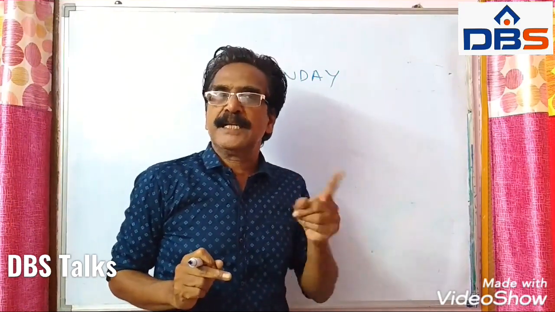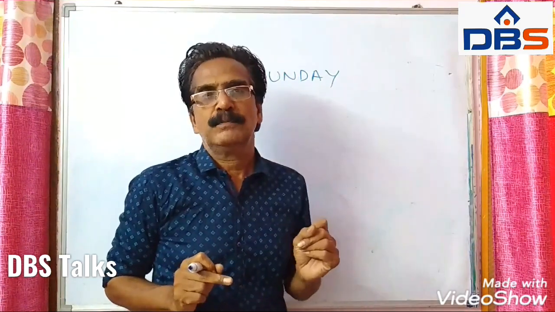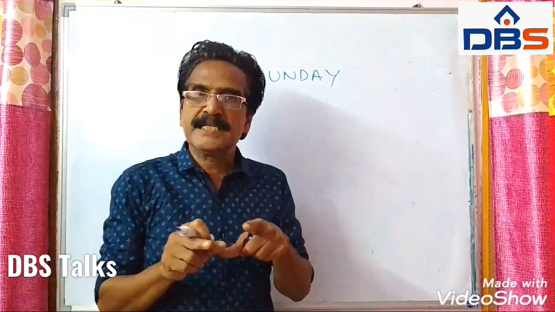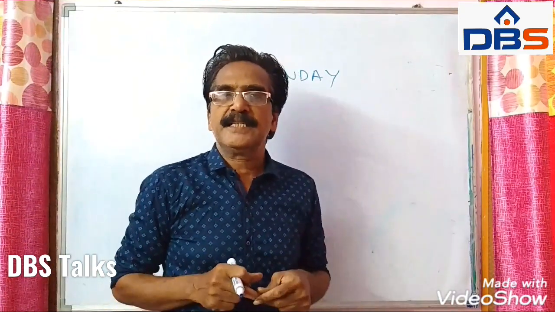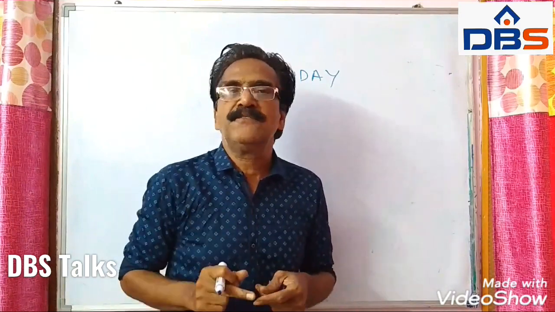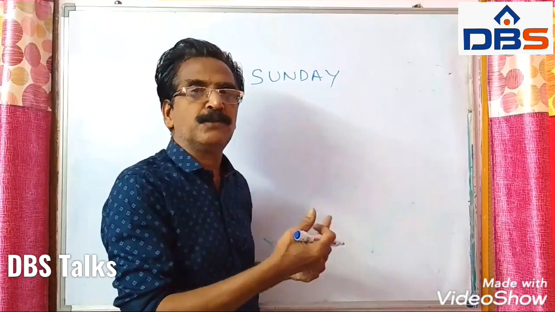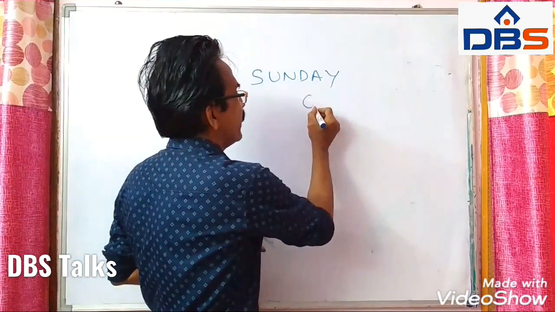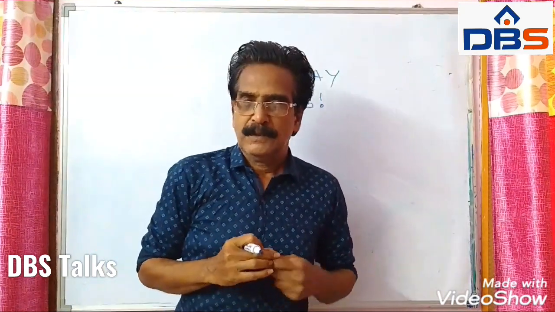N different things can be permuted in n factorial ways, that we know. Here we have 6 different letters, and these can be permuted in 6 factorial ways, that is 6 into 5 into 4 into 3 into 2 into 1. Absolutely, there is no condition at all.